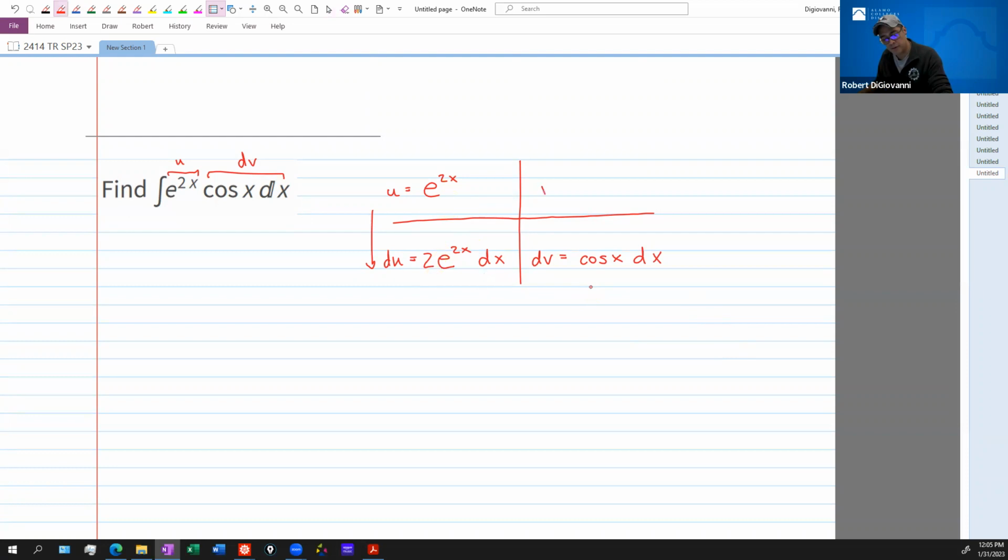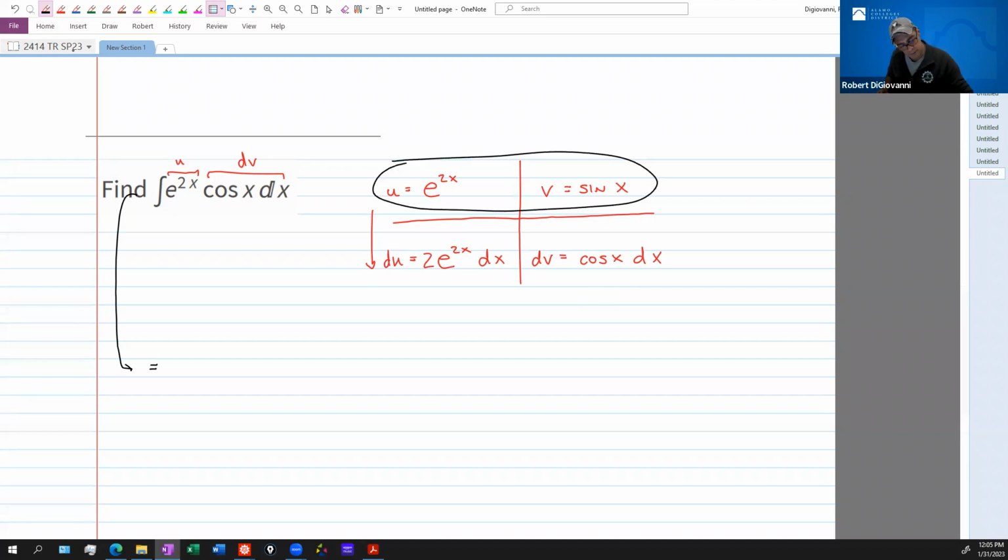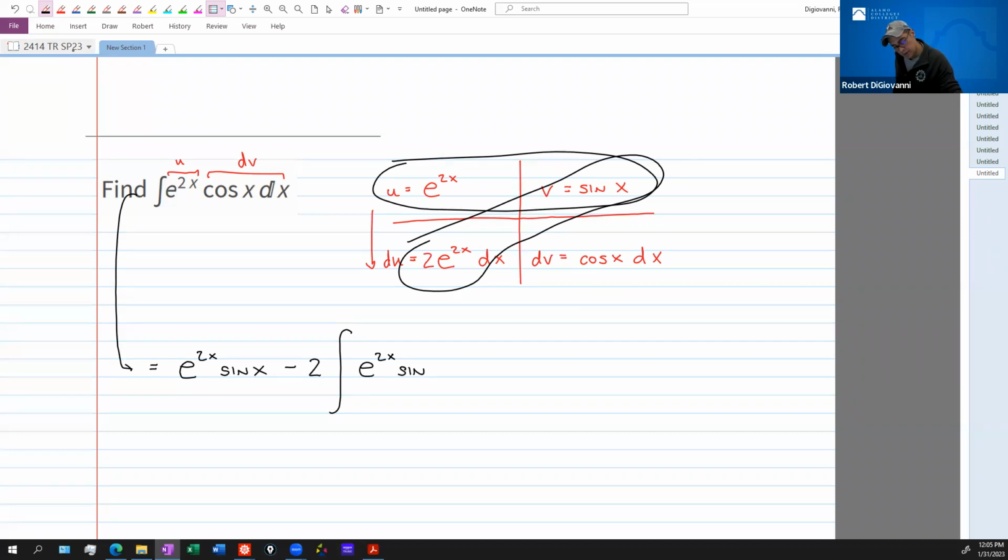And then the antiderivative of cosine is sine. So this new integral becomes equal to uv, these two multiplied, e to the 2x sine x, minus the integral of v du, these two multiplied. So I do have a 2 I can pull out of there: e to the 2x sine x dx.